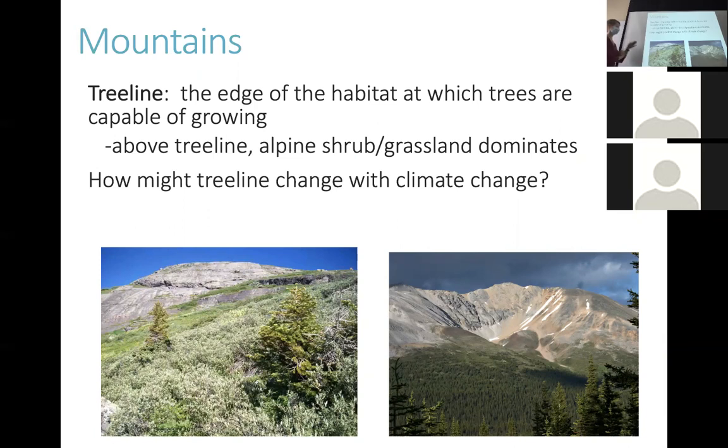It'll move up, yeah. So the tree line, if it's warmer up here now, trees can grow a little bit higher up. People have done a lot of studies on this. So 52% of scientific studies have shown a significant upward movement of tree line on mountains.